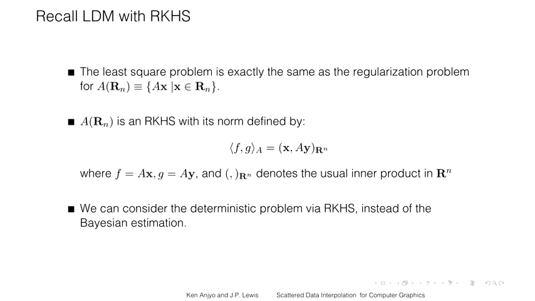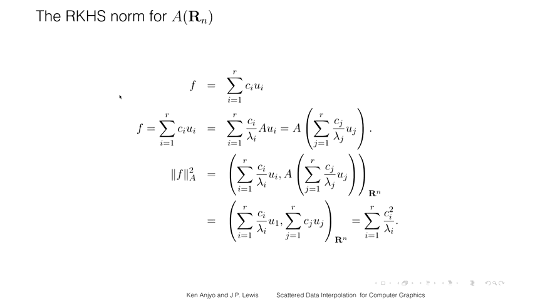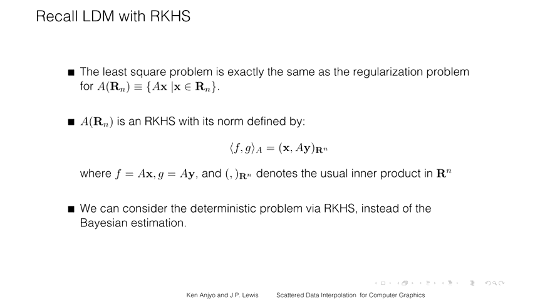And its norm is defined as shown in the second line. So the inner product is defined as shown in the second line, where F is equal to A times X, G equal to A times Y.